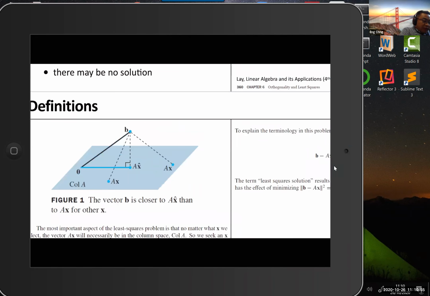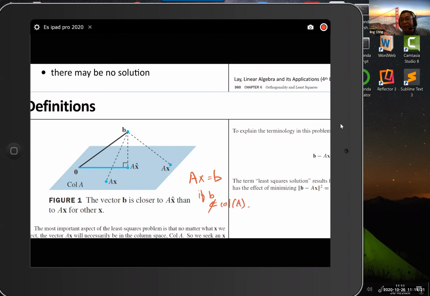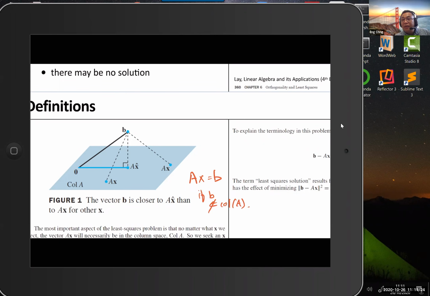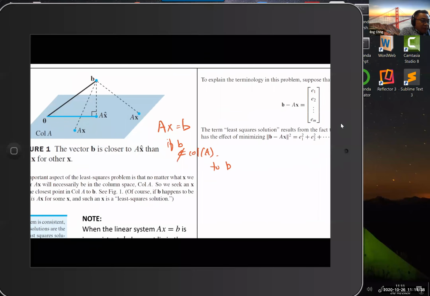Again, we have the problem of AX equals B. This is a very misleading start if B does not belong to the column space of A, because AX will never be equal to B. What AX can do is AX hat equals B hat.